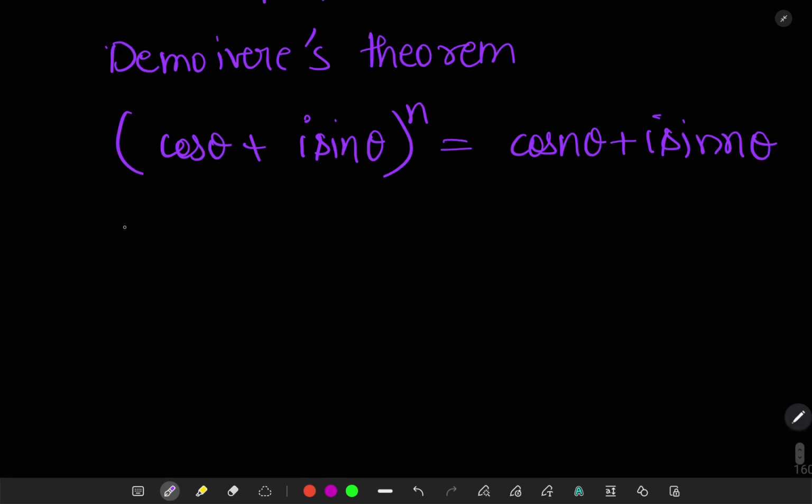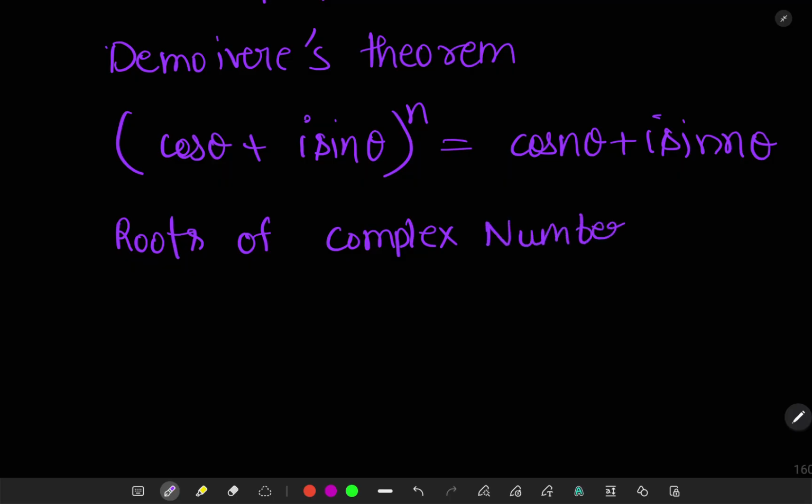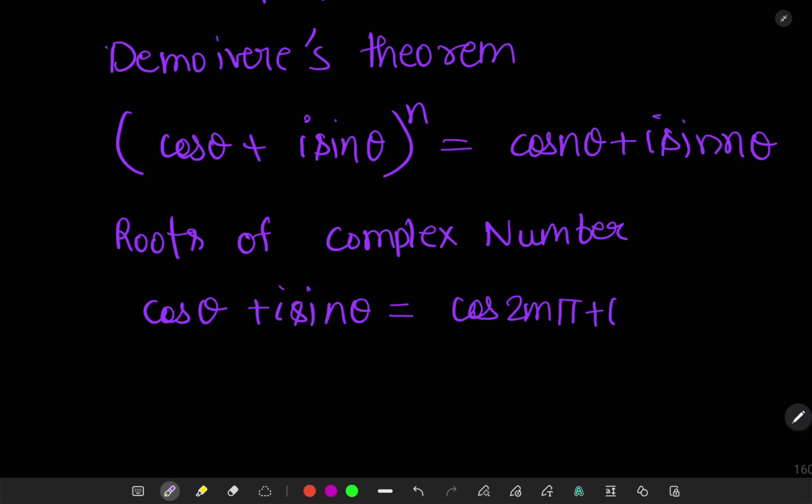Now for finding roots of a complex number, here cos theta plus iota sin theta we can write equals cos of 2m pi plus theta plus iota sin of 2 pi m plus theta.